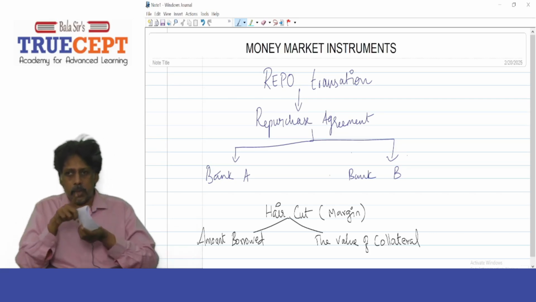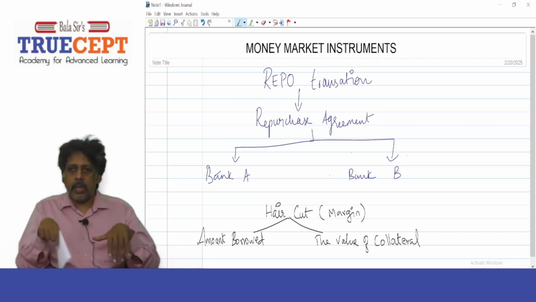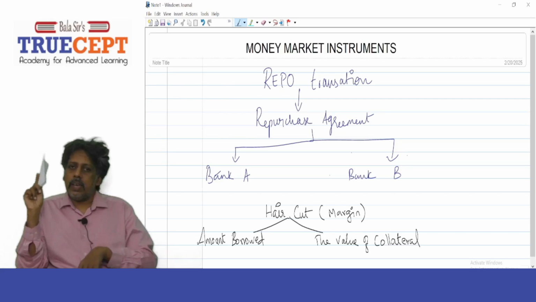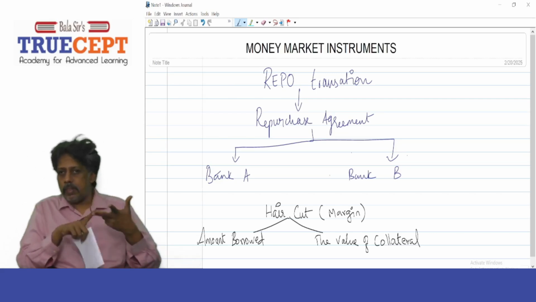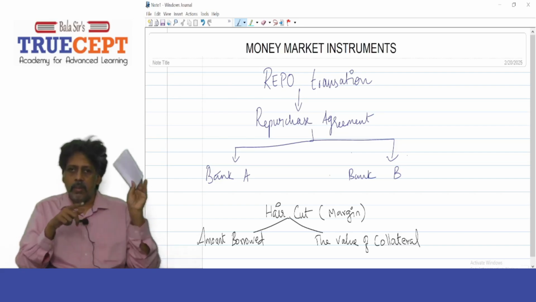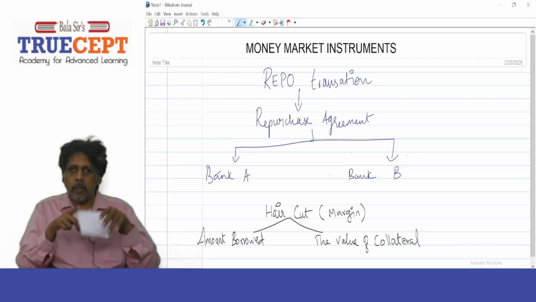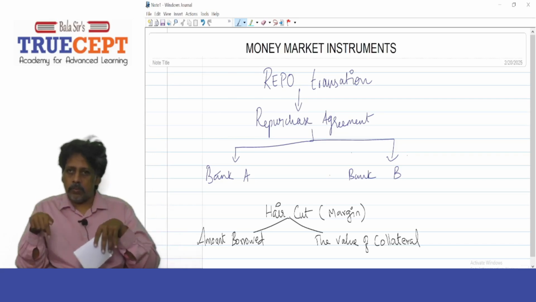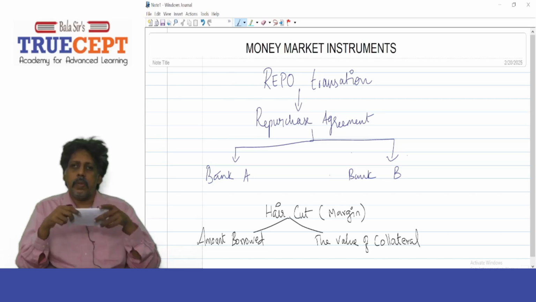Got it? That means on the same day, banker A enters into a repurchase agreement to repurchase these investments from banker B for how much? 1 lakh and 1,000. Now, when is the amount fixed? Today.